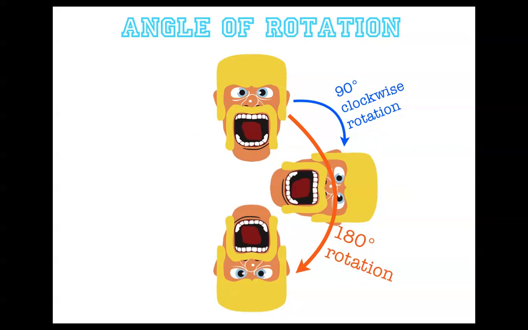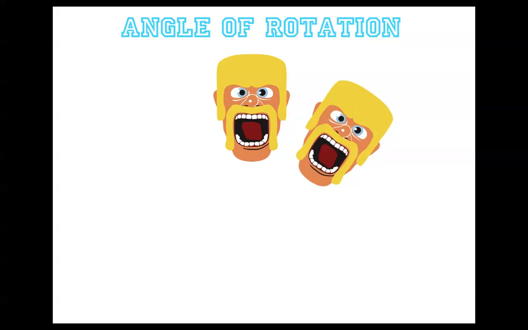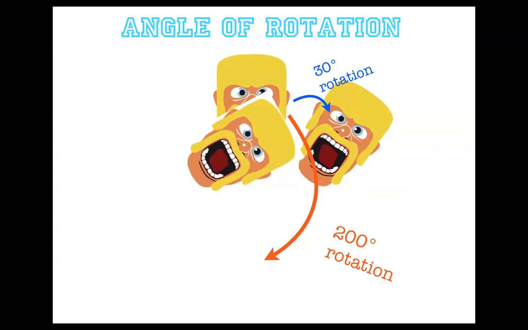These are all what we call angles of rotation. And depending on how much or how little the angle is, that tells you how much the pre-image is going to rotate to turn into a new image. So, you can also do a smaller angle of rotation like 30 degrees, or a larger one like 200 degrees.